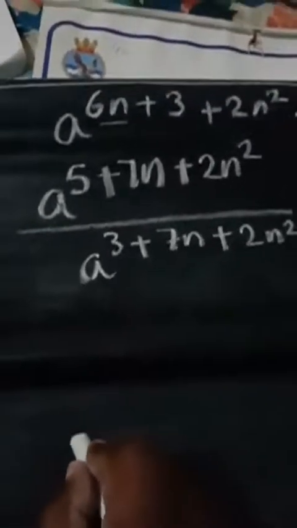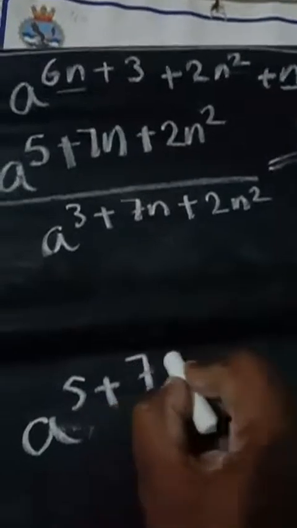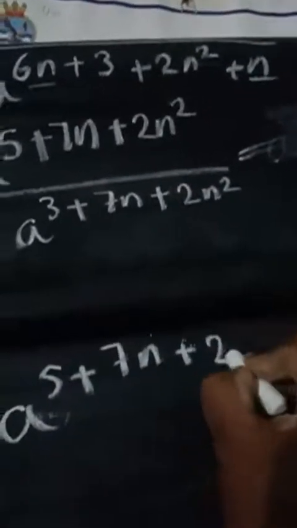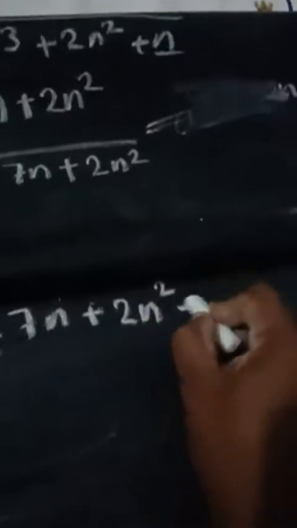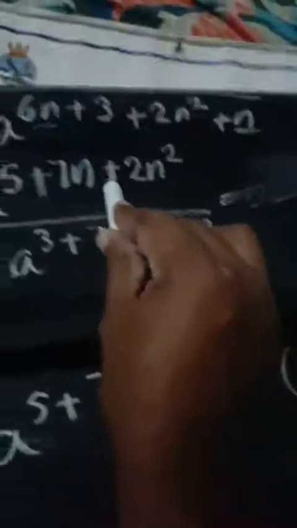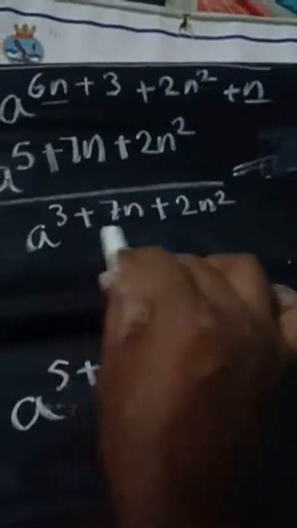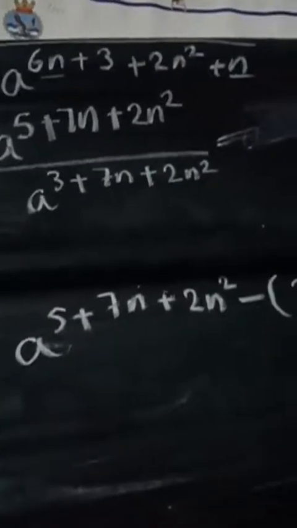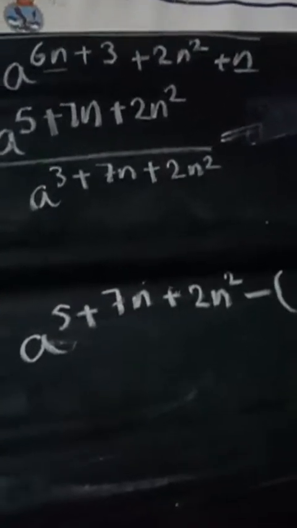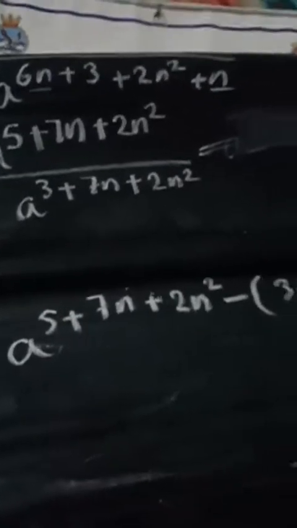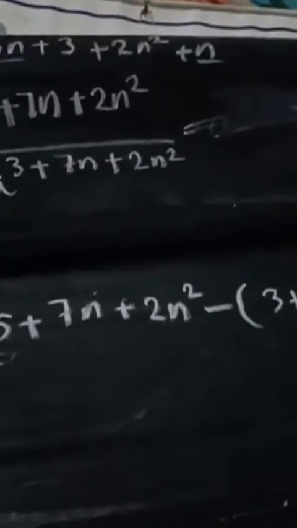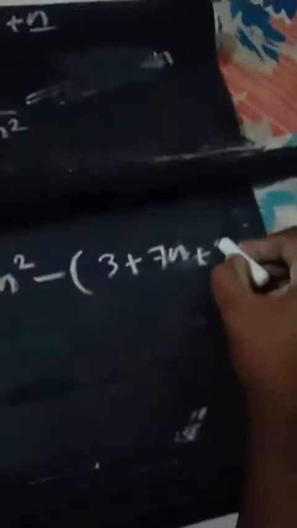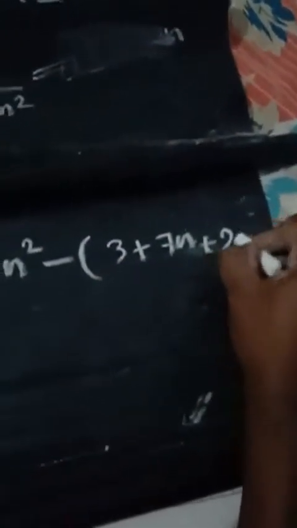So this is equal to a raised to 5 plus 7n plus 2n square, minus, next term, a raised to m minus this n, okay, that is 3 plus 7n plus 2n square.